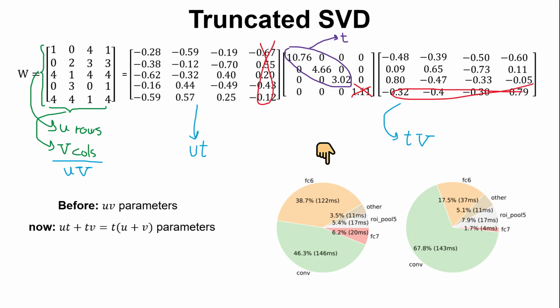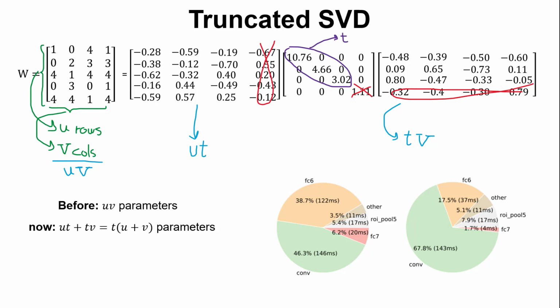And now, when we look at the right diagram, which is by using truncated SVD, we can see that it is reduced significantly to 17.5 plus 1.7, which is only 19.2% of the runtime. Much better. And yeah, that was all the theoretical concepts you should know for the Fast RCNN.